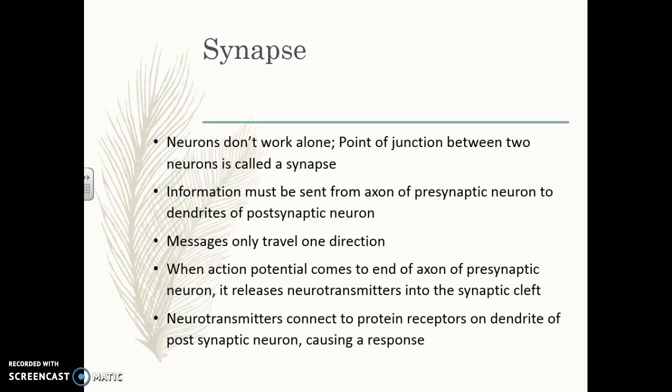Neurotransmitters connect to protein receptors on the dendrite of the postsynaptic neuron, and this causes a response in the second neuron. Usually it causes an action potential to move down its axon, keeping the message going.